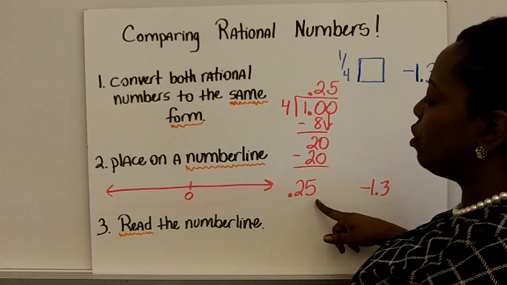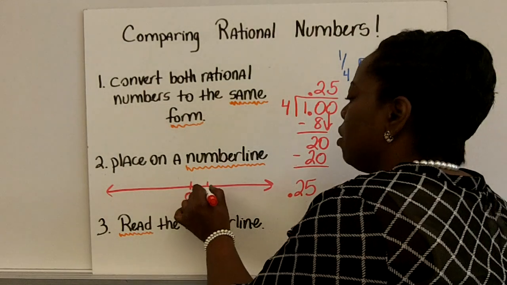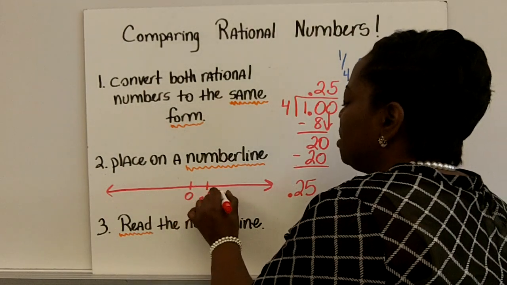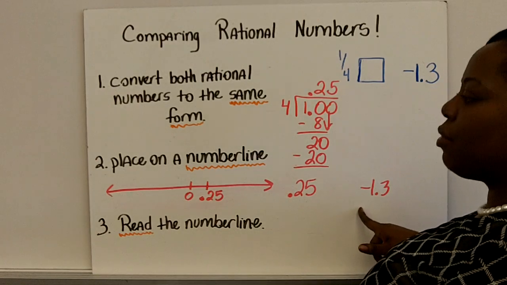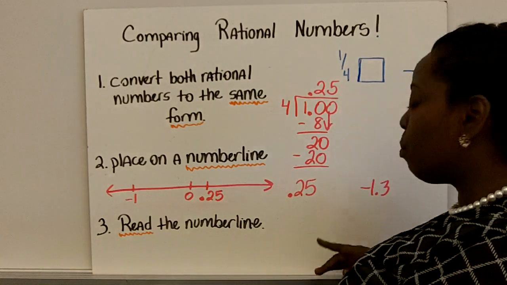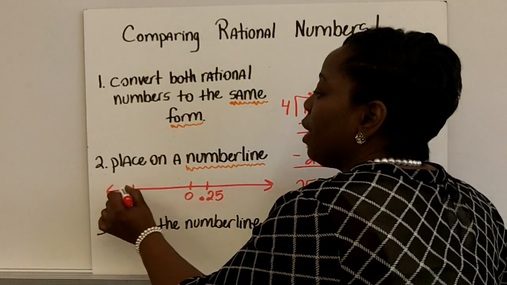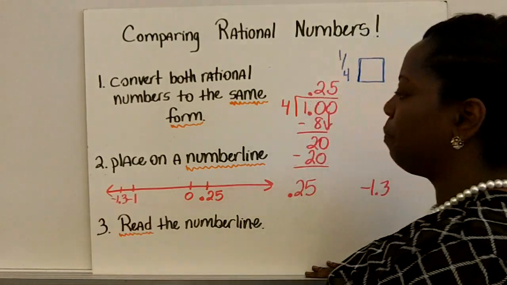The first rational number is 0.25, and it's a positive 0.25. So we'll go over here, just estimating that it will fall in there. Negative 1.3. Well, let's say if this was negative 1, then negative 1.3 would fall behind that. So I'm just estimating it to be about right there.